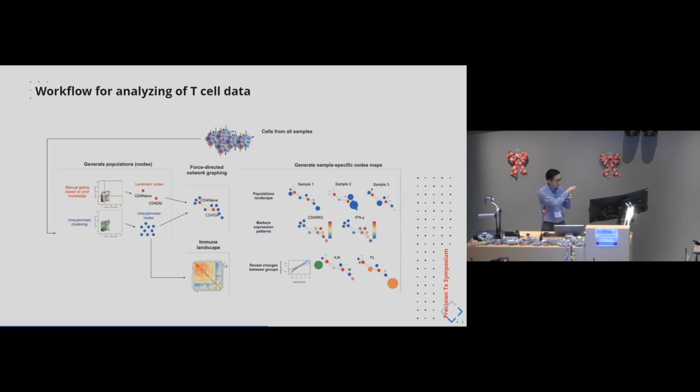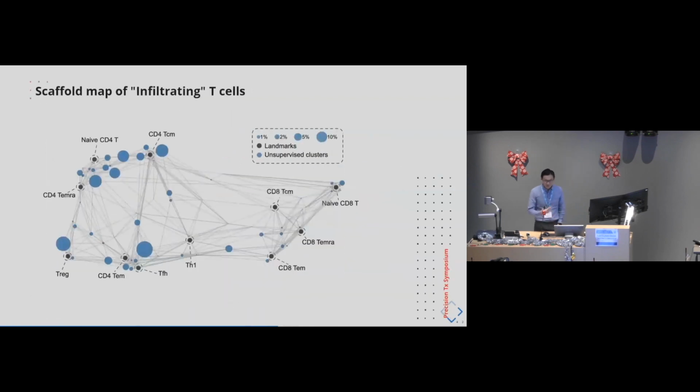Based on the red dots, or landmark dots, which are the classical T cells, we use these landmarks to see what's surrounding a population. There will be a population or cluster defined by unsupervised clustering, and then we can do some statistical analysis to see the changes in different groups. This is the scaffold map of infiltrating T cells.